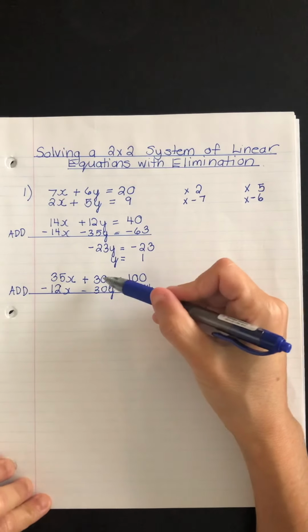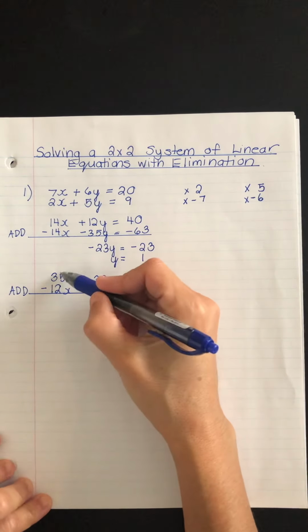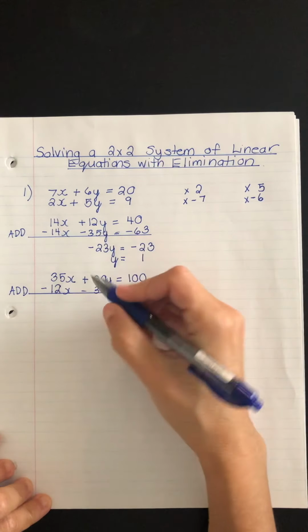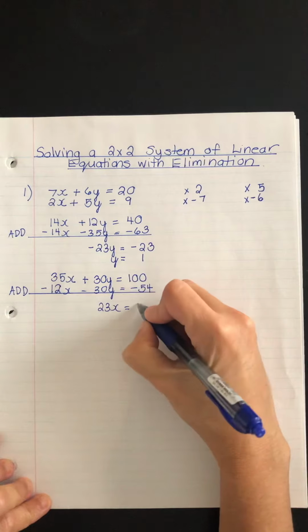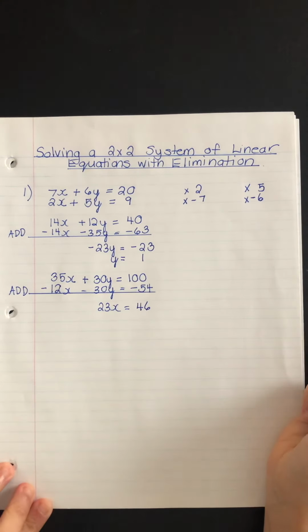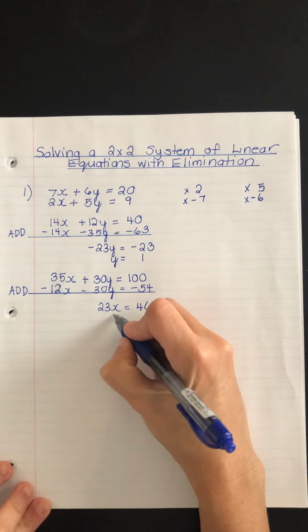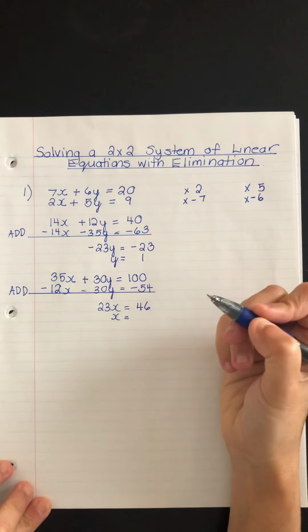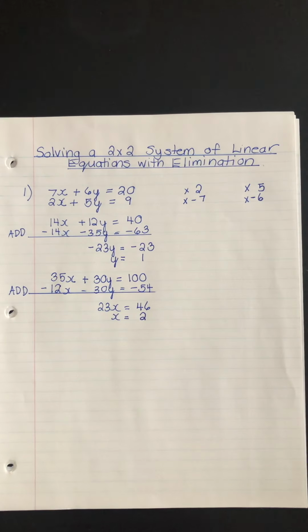When I add the equations together, of course, I will get 0y. But first, here I will have 23x, and here I will have 46. So this equation now only contains x. X is isolated by dividing 46 by 23, and we will get 2.